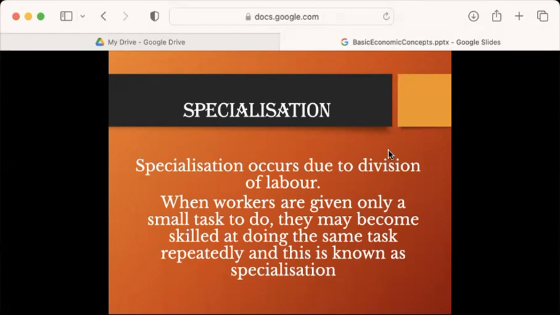Specialization occurs because of division of labor, because when each person performs just a part of the whole process, that person becomes very good at that particular task. So the person becomes specialized. On the other hand, we can say division of labor happens because of specialization.